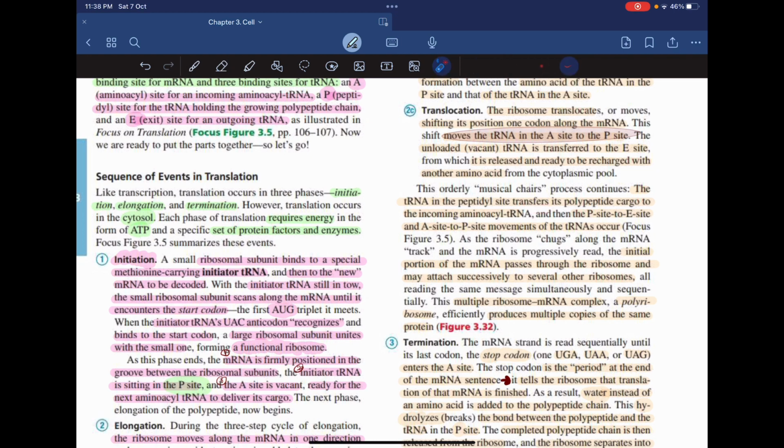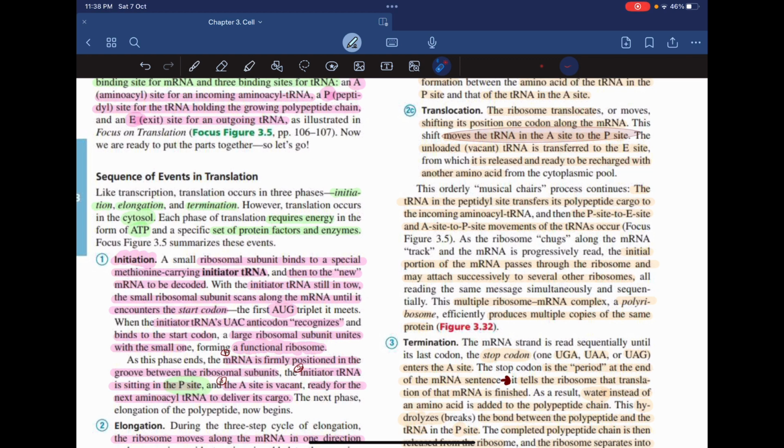The tRNA in the peptidyl site transfers its polypeptide cargo to the incoming amino acid tRNA, and then the P site to E site and A site to P site movement of the tRNAs occurs. The initial portion of the mRNA passes through the ribosome and may attach successively to several other ribosomes, all reading the same message. This multiple ribosome mRNA complex, a polyribosome, efficiently produces multiple copies of the same protein.